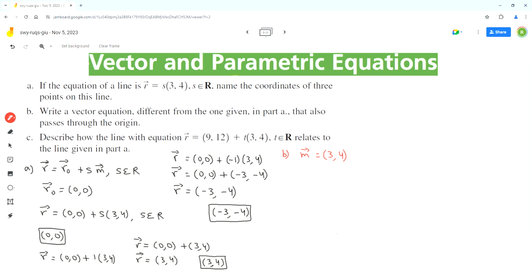So for the vector equation in part B, we can use the direction vector 1, 1. So this direction vector is different from the direction vector of the given line. So the vector equation of the new line will be.